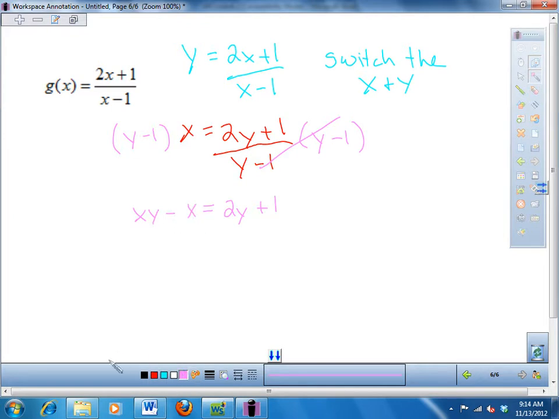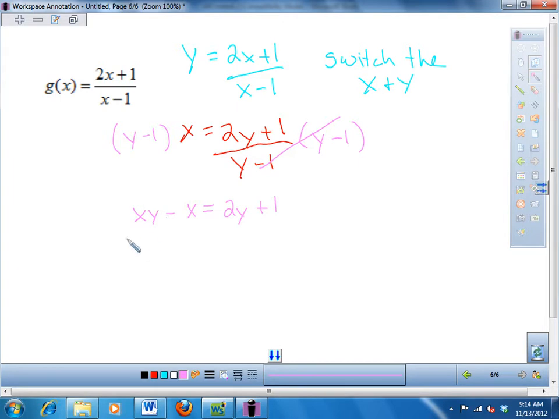And you have to solve that for y. Does anyone know how to do that? If you see something that has mixed x's and y's, where you have more than one y, what you want to do is get all your y's on one side, and anything that doesn't have y's on the other side. So this step is kind of tricky.